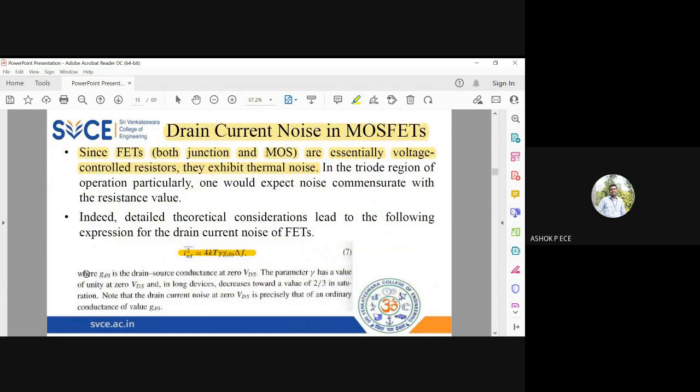This GD0 in MOSFET is the drain conductance you have at zero VDS, and gamma is a device parameter. The value of gamma is 1 when VDS is 0, and it goes down to 2/3 in saturation.